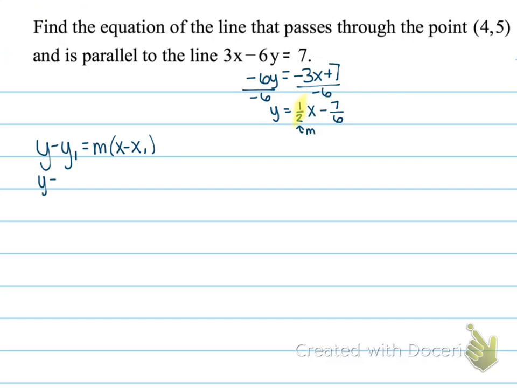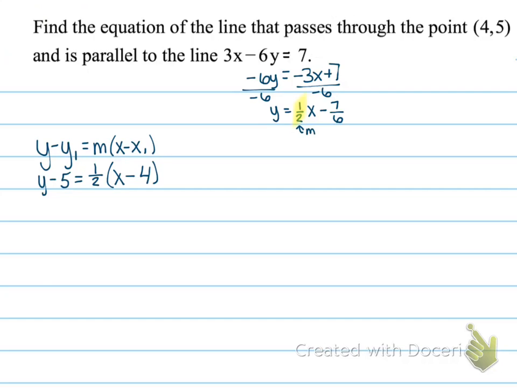So we have y minus y1. Again, we're looking at our point, (4, 5). 4 is the x, 5 is the y. So we have y minus 5 equals m. We found our slope. Our slope was 1/2, times x minus x1, which from our point up there was 4.